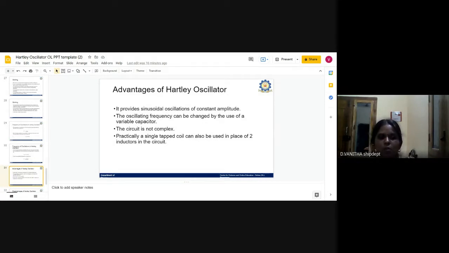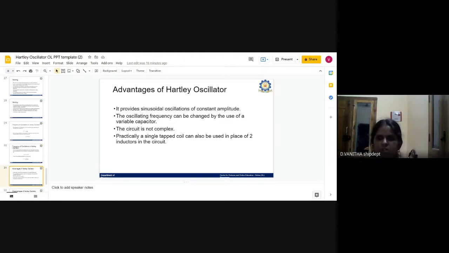Then we move on to the advantages of the Hartley oscillator. The Hartley oscillator provides sinusoidal oscillations of constant amplitude. The amplitude of oscillations is controlled by the inductance in the Hartley oscillator. The frequency of oscillations can be changed by the use of the variable capacitor used in the Hartley oscillator.